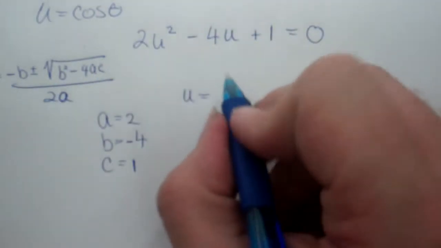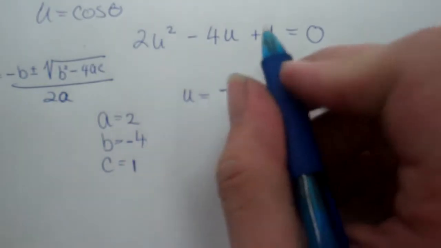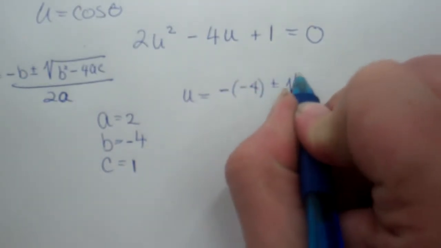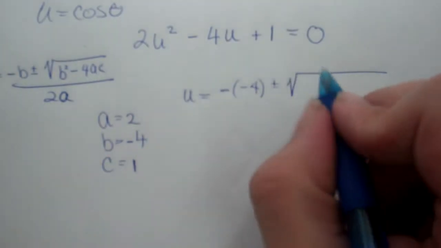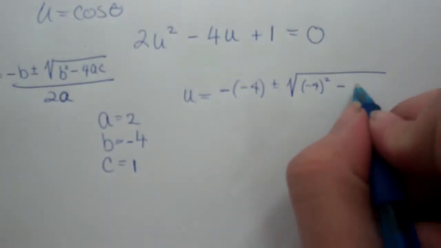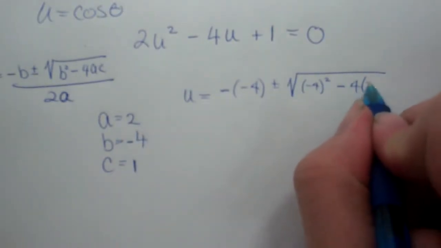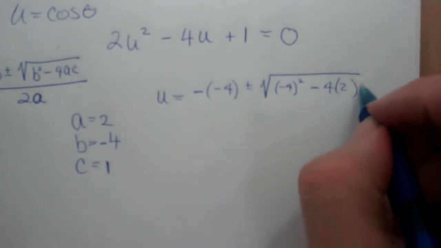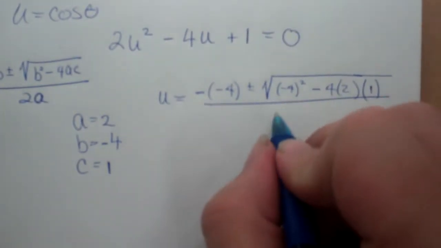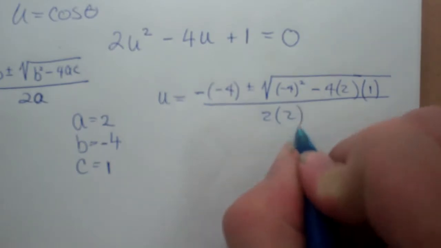So u is equal to the negative of this negative 4 plus or minus the square root of this negative 4 squared minus 4 times this 2, and then the c, which is a 1, and this whole thing divided by 2 times this 2.